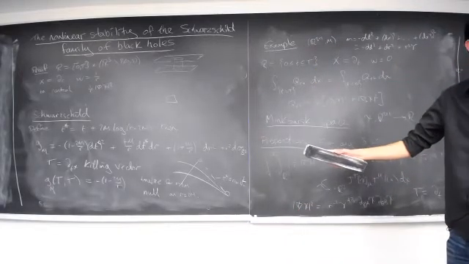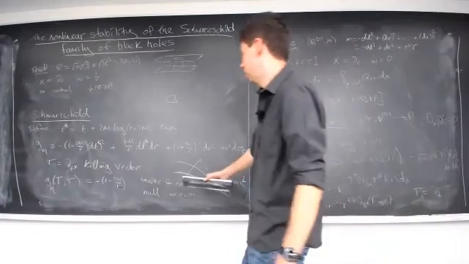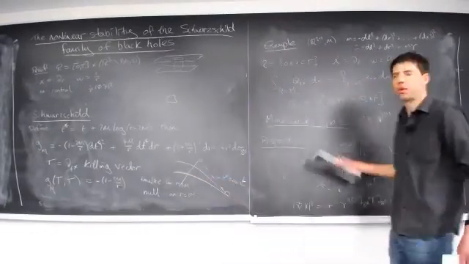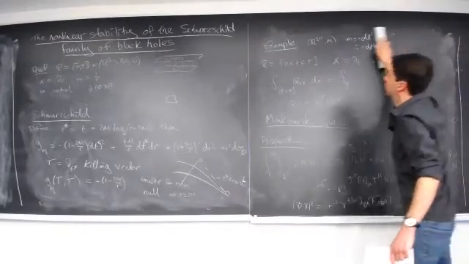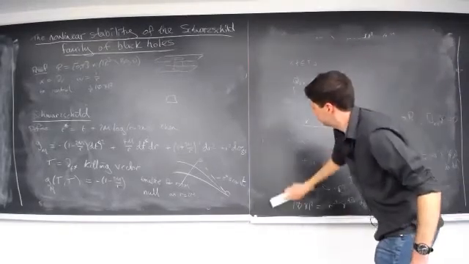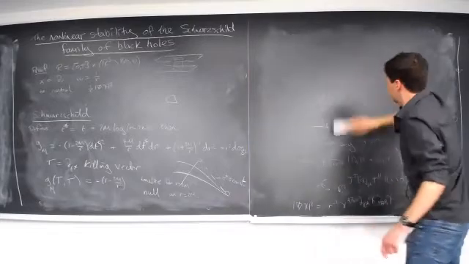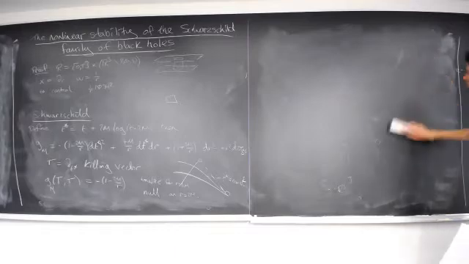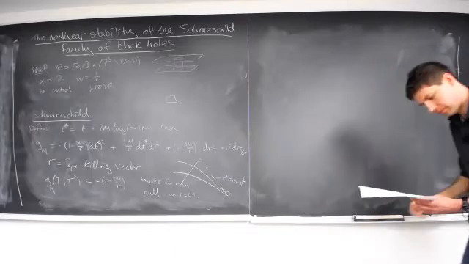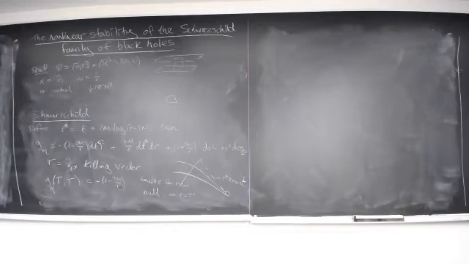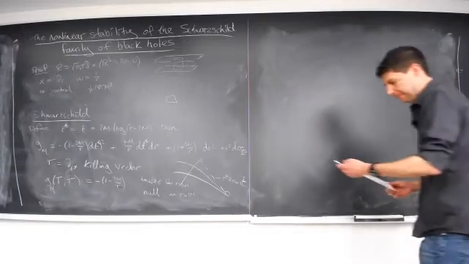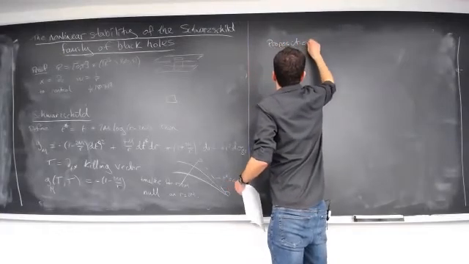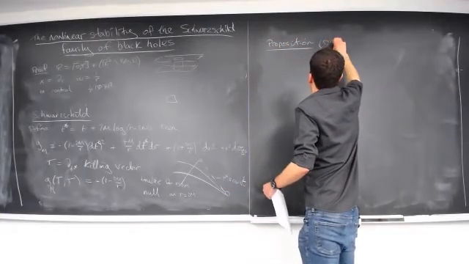We like it because it's Killing. We like it because it's time-like away from the event horizon. But the fact that it becomes null on the event horizon is something that we don't like. We could call it a degenerate energy boundedness.